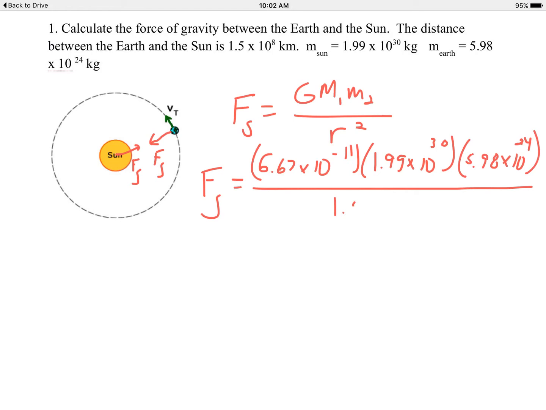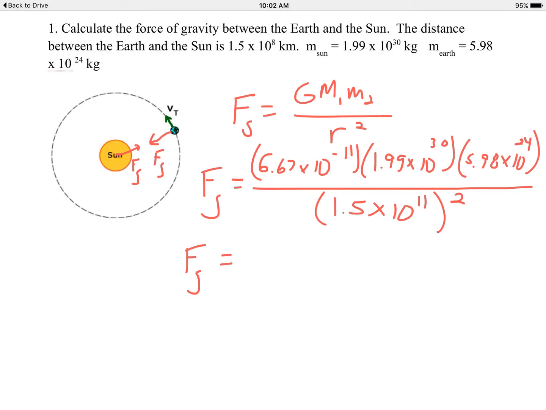In this case, it's 1.5 times 10 to the 8th kilometers, but I want meters, so that's 10 to the 11th meters, because kilo is 10 to the 3rd, 3 more zeros, 10 to the 3rd times 10 to the 8th is 10 to the 11th, total meters squared. And don't forget to square that when you plug it into your calculator.